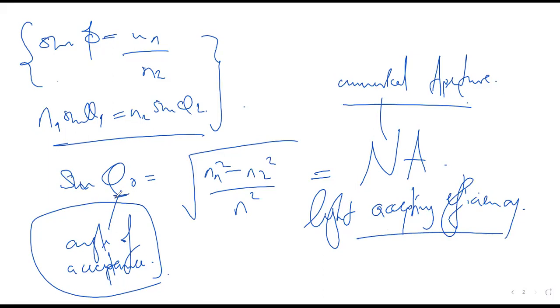The angle of acceptance is theta 0. Theta 0 is not equal to NA. Sine theta 0 is the numerical aperture; the angle of acceptance is something else. The numerical aperture is the light accepting efficiency of the optical fiber, the ability to capture light.